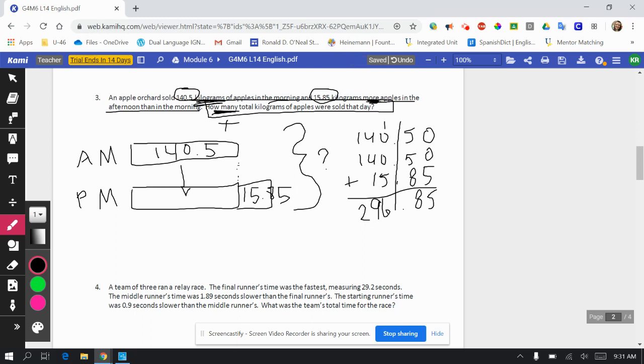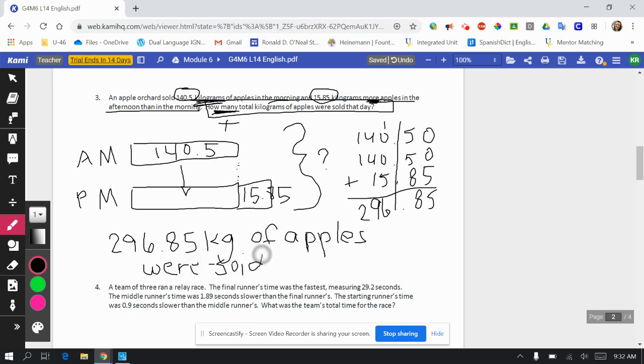So 296.85 kg, which is a short way to write kilograms, of apples were sold that day. Period.